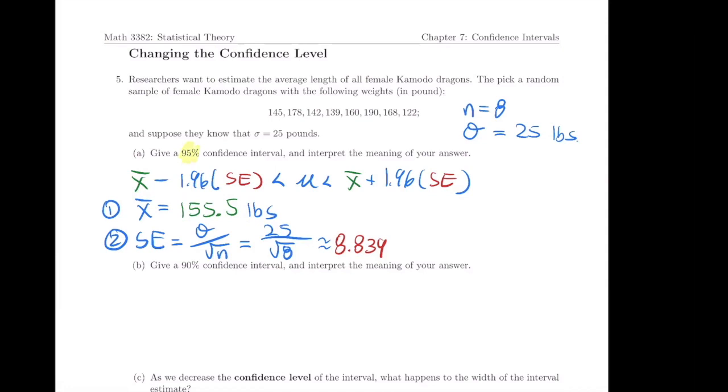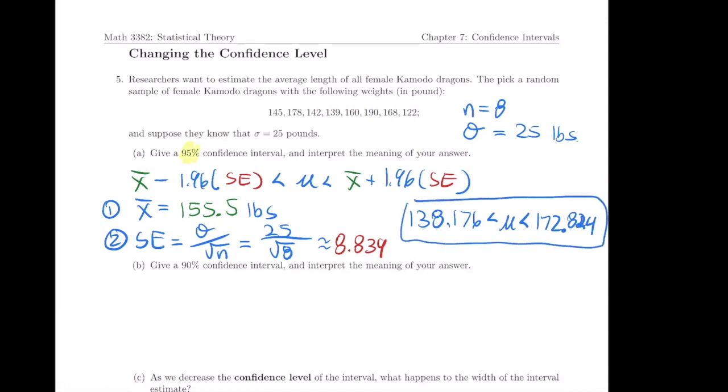I'll save you the calculation. This gives us about 138 pounds. This is actually the weight of the Komodo dragon. So it would go from 138 up to 172, and that would be our 95% confidence interval.